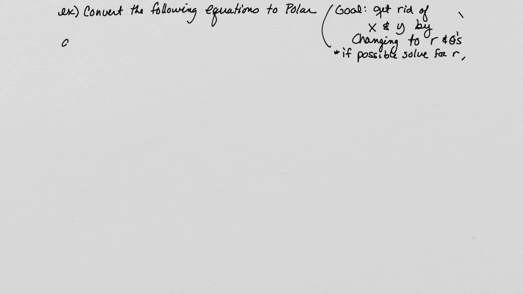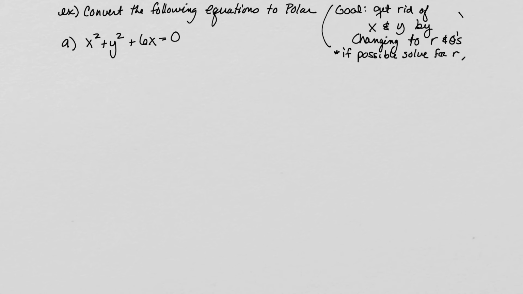So the first one here: x squared plus y squared plus 6x equals 0. Again, going from rectangular equations to polar equations is actually the easy one, even though going from rectangular points to polar points was not.